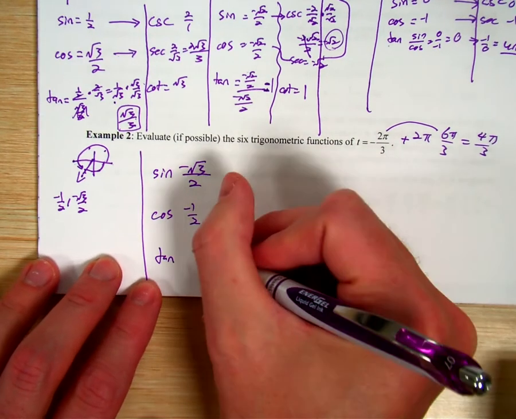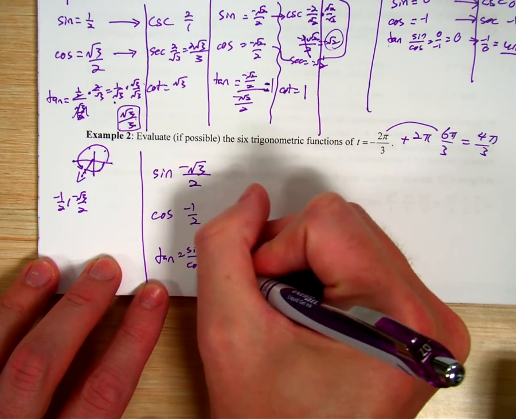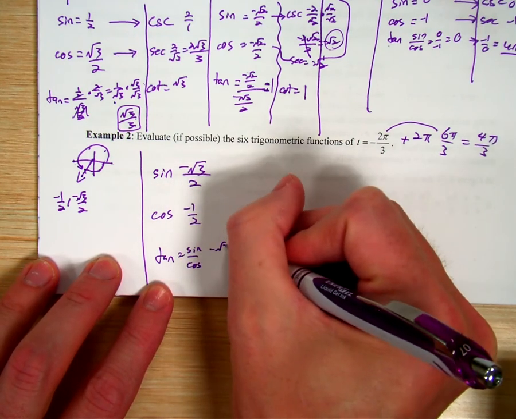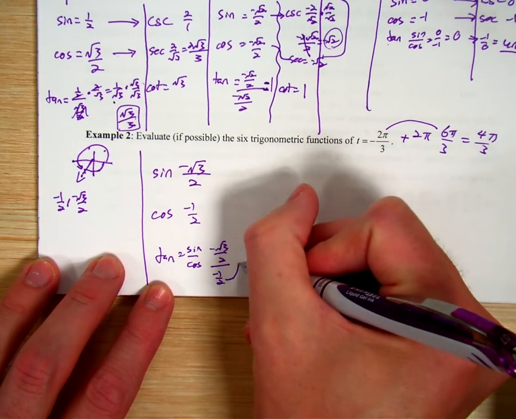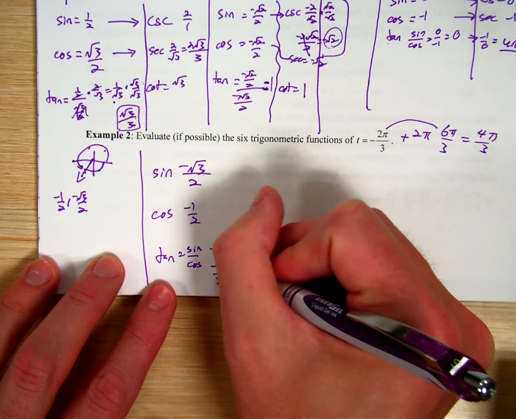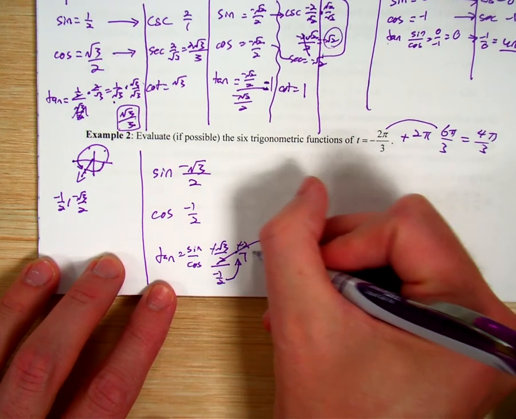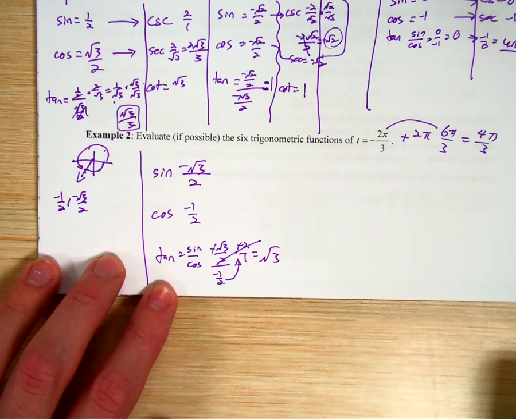Tangent, sine over cosine. So we have negative radical 3 over 2 over -1/2. Multiply by the reciprocal times -2 over 1. And the negatives would cancel, and we're left with just a positive radical 3.